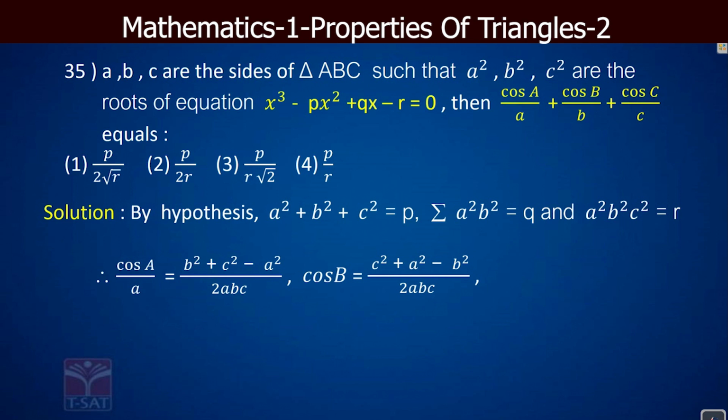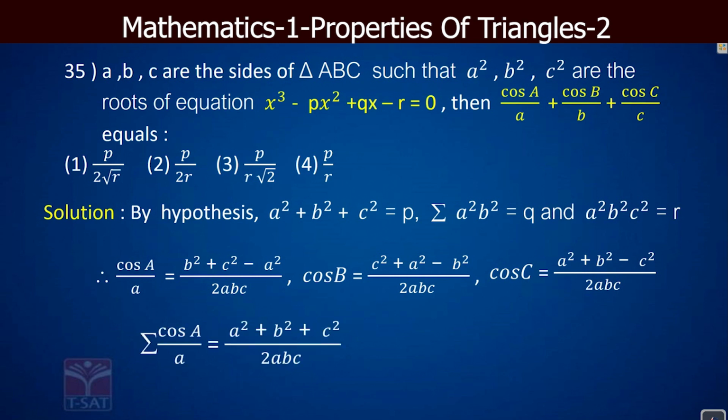Of course, here cos B by b and cos C by c are not printed, but as per the hypothesis, cos A by a plus cos B by b plus cos C by c is asked. So, therefore, sigma cos A by a, if you add all these with the common denominator 2abc, is a square plus b square plus c square by 2abc, which is nothing but p, because a square, b square, c square are the roots of that equation.